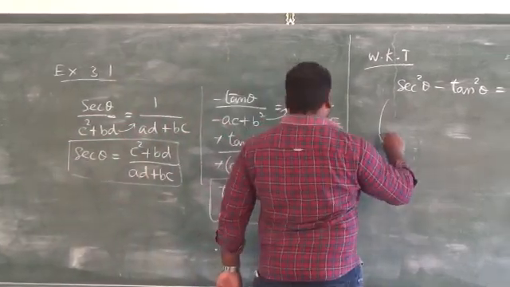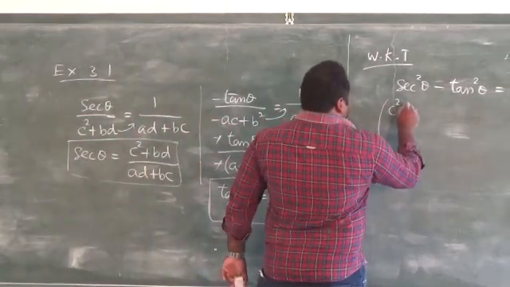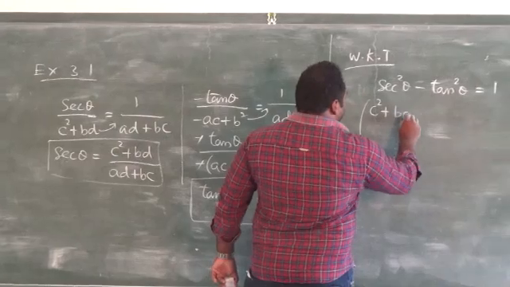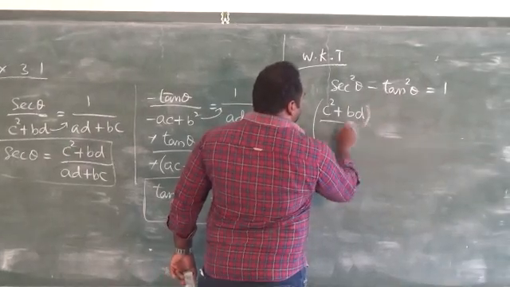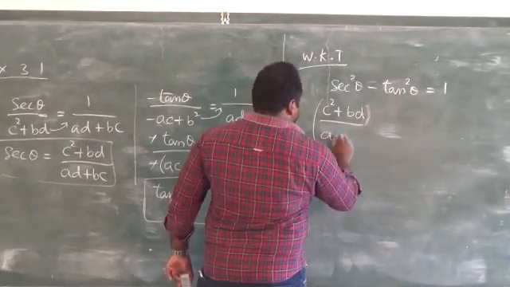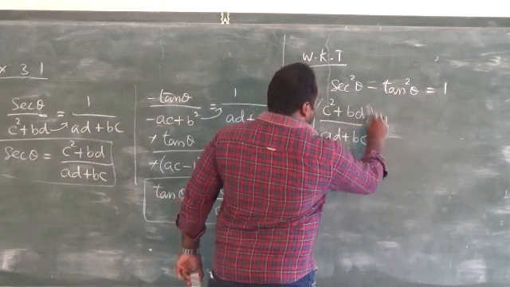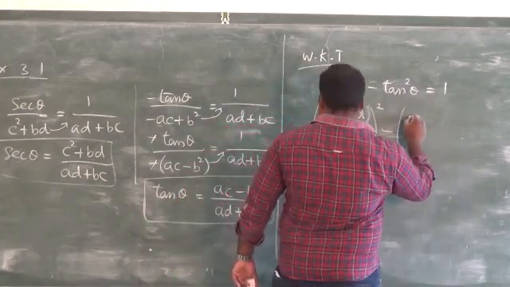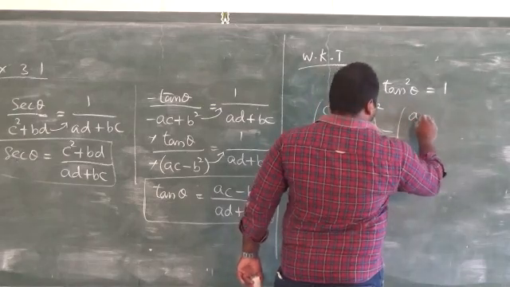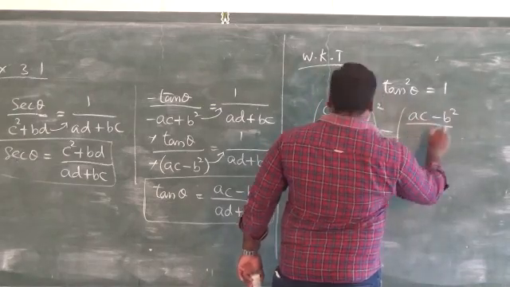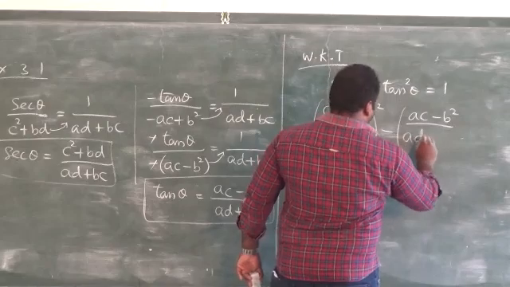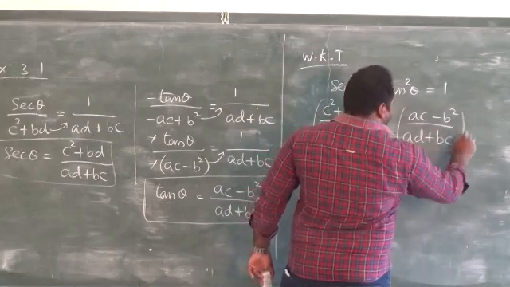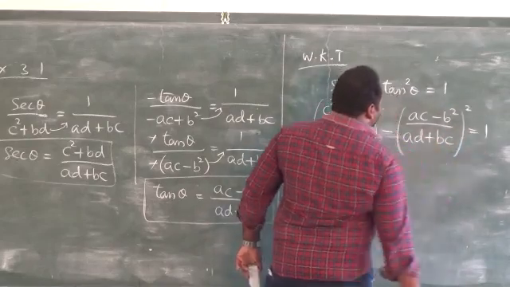Here secant is C square plus BD by AD plus BC whole square, minus tan value AC minus B square by AD plus BC whole square, equal to 1.